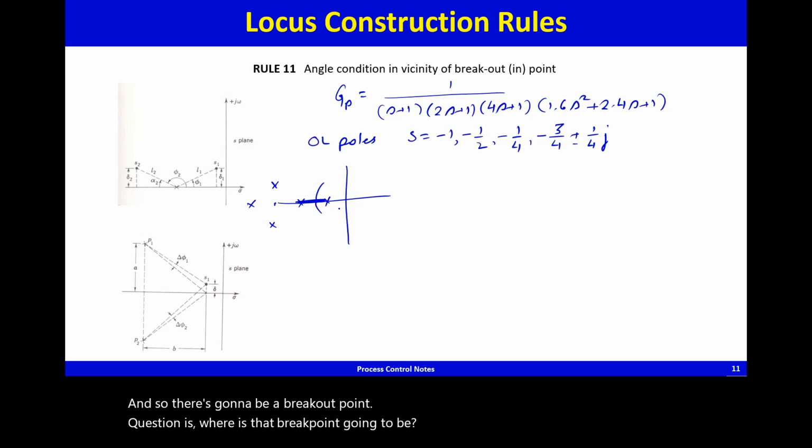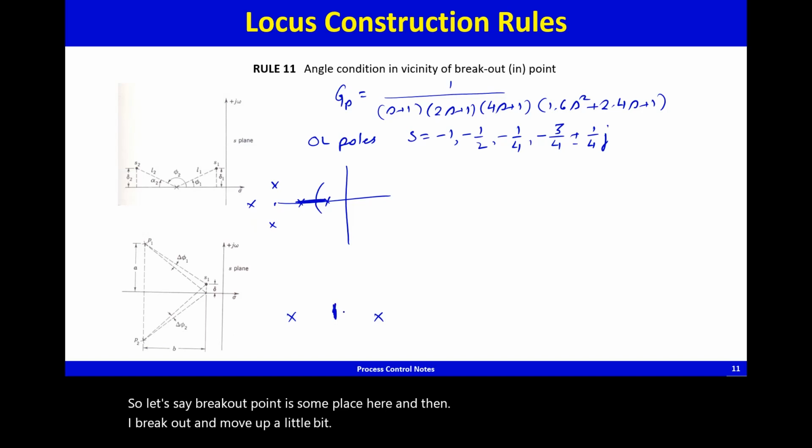So what we do is, let me just zoom into this area. There are two poles here, and I'm looking for a breakout point. Let's say the breakout point is someplace here, and then I break out and move up a little bit.